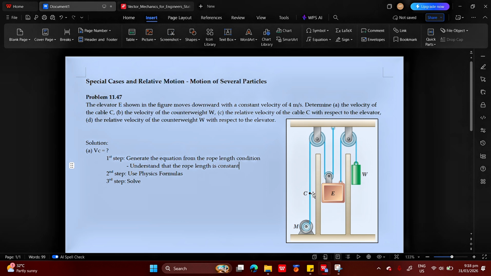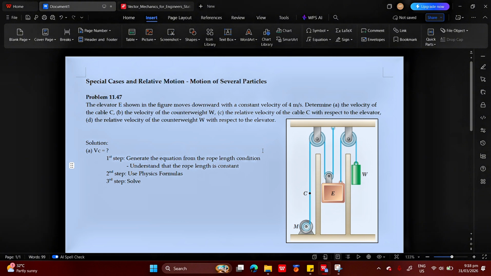So ignoring point M, if we start our rope length from point C to the fixed support here, this first rope from point C to this, the length will never change even if they move. If particle E moves downward, of course the length from point C to the fixed support will never change. It will always be constant.